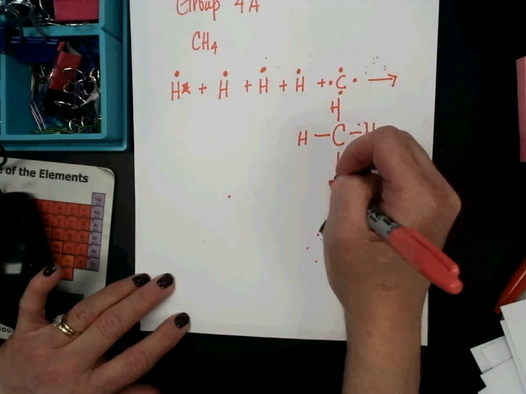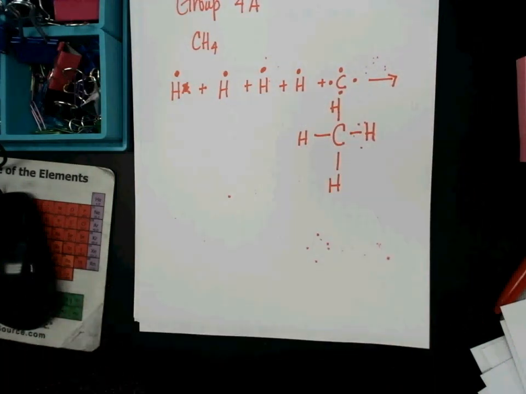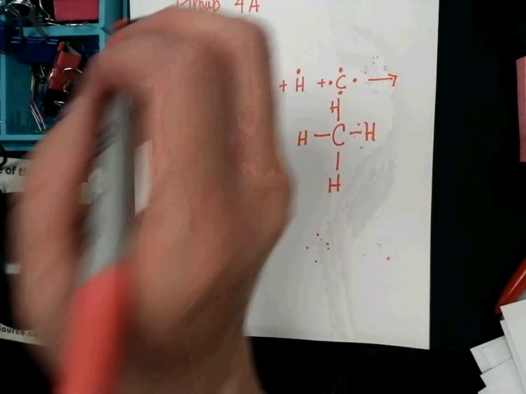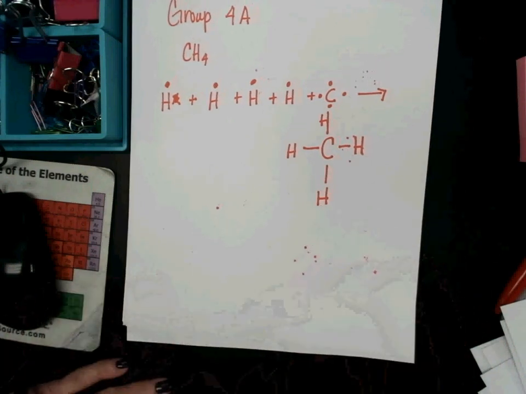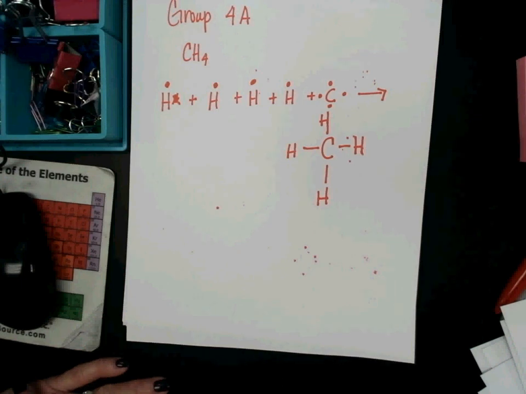And I'm going to end up with, write it down here, C, single bond H, single bond H, single bond H, single bond H. So there's my example from group 4A. So that gives you one from 7, 6, 5, and 4 to look at.